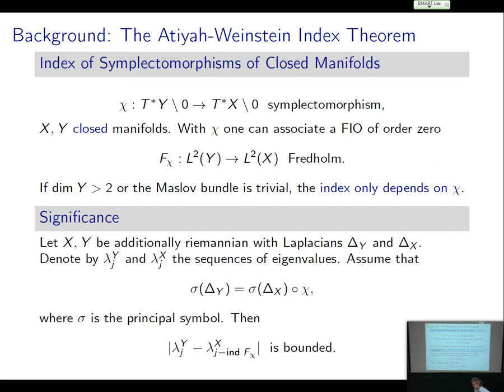Okay, the Maslov bundle is a line bundle over the manifold, and it's basically described by e to the i pi over 4 times the Hessian matrix. No, not the Hessian matrix, the second derivatives with respect to theta of this phi.